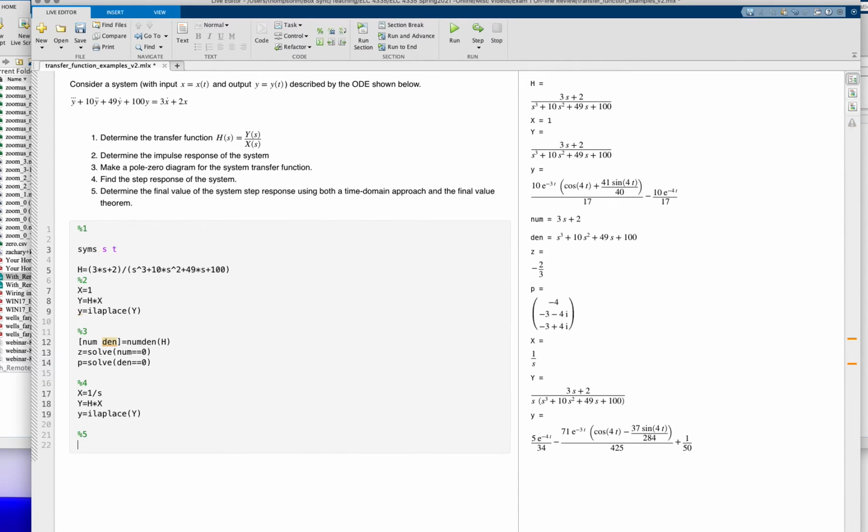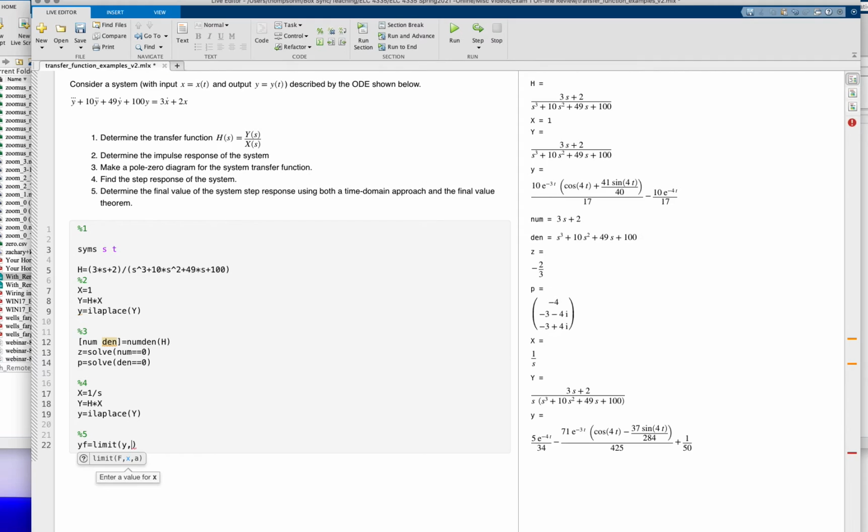In part 5, you could take the limit at this point. Just look at the equation, write that equation down, and take the limit. If you take the limit as t goes to infinity, the exponentials go away and you're left with just the constant term. I'm going to go ahead and do this in MATLAB though. I'm going to call this y final is equal to the limit of lowercase y.